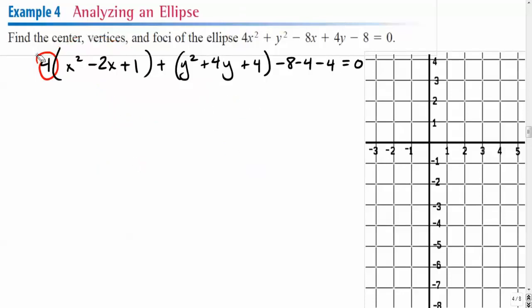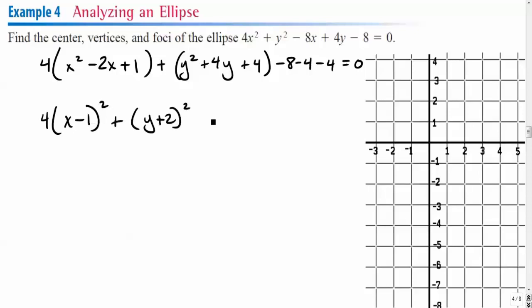Maybe I'll do a video just on that skill a little bit later down the line, but now we're going to want to FOIL this thing. We want x minus 1 quantity squared plus y plus 2 quantity squared. This is minus 12 minus 16. And let's get that 16 to the other side.